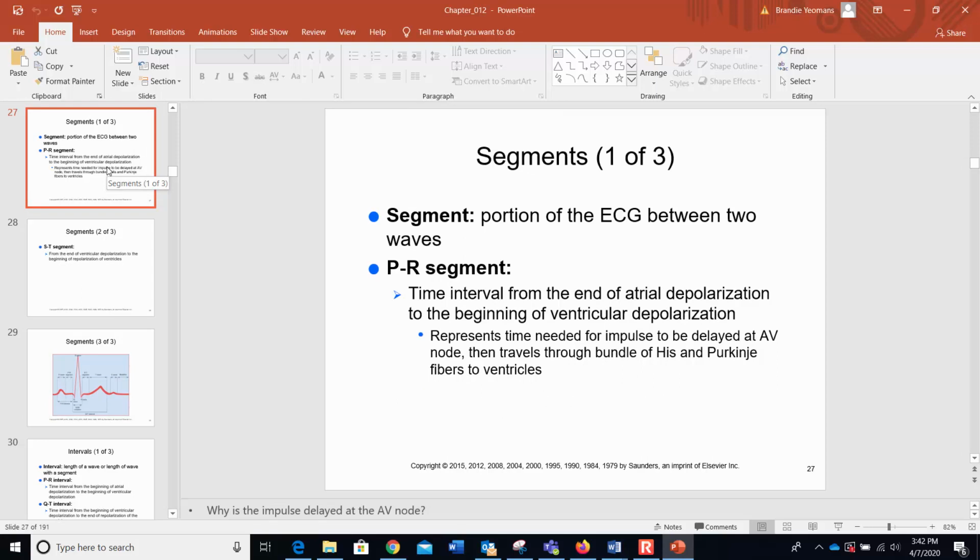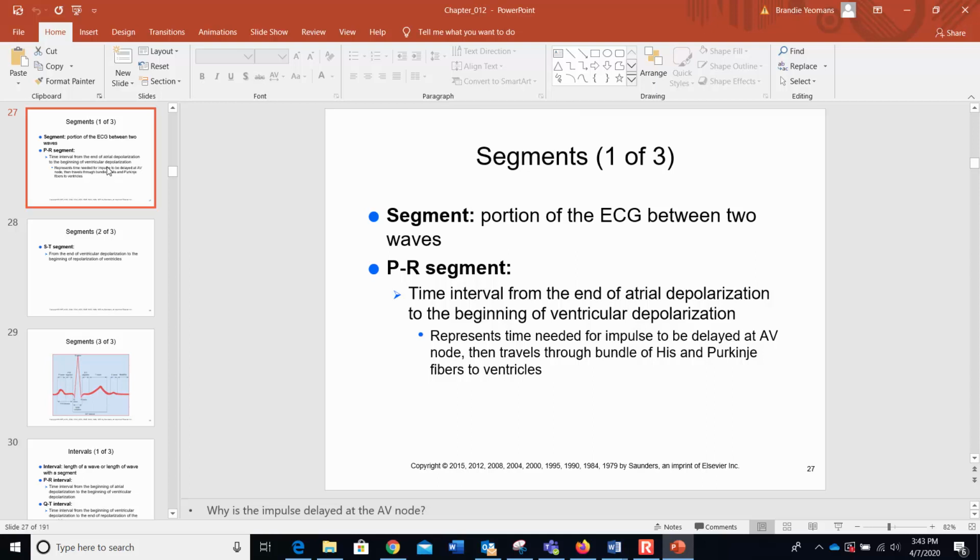So the segment, which is the portion of the EKG between the two waves, we have that P to R segment, and this is the time interval from the end of atrial depolarization to the beginning of ventricular depolarization.